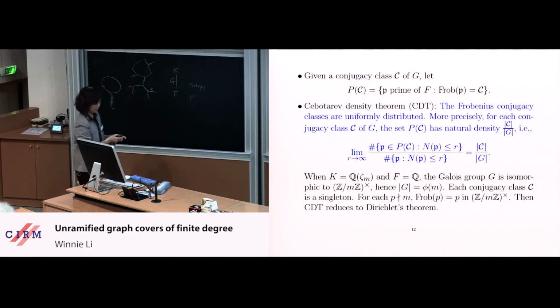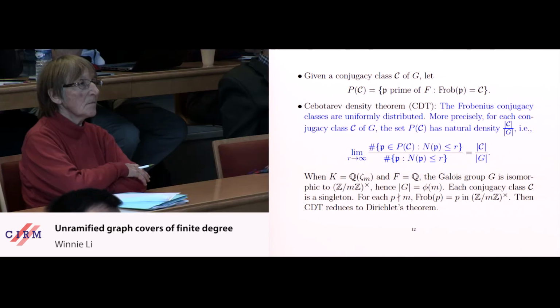So for that, we give ourselves any conjugacy class C of G, and we collect those primes such that the Frobenius class is equal to C. We want to know how many primes will fall into this set. And the Chebotarev density theorem says that the Frobenius conjugacy classes are uniformly distributed.